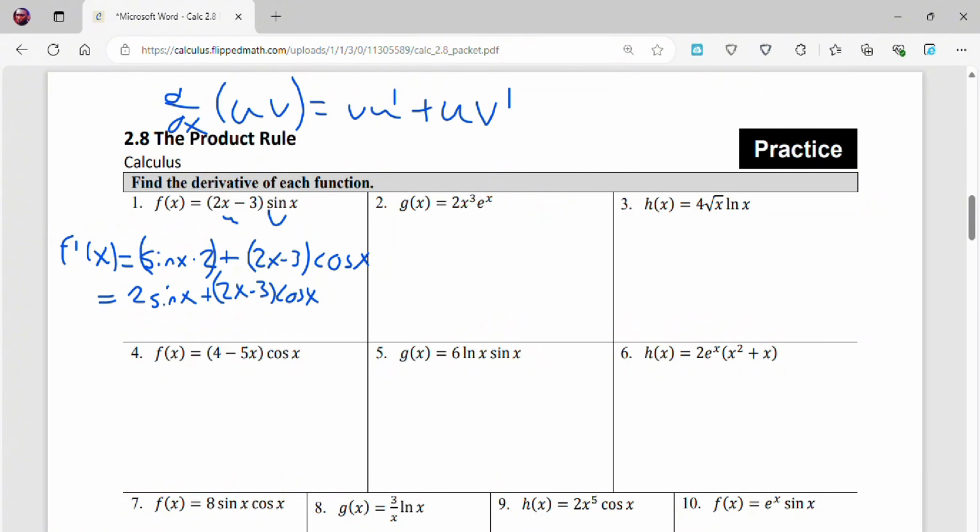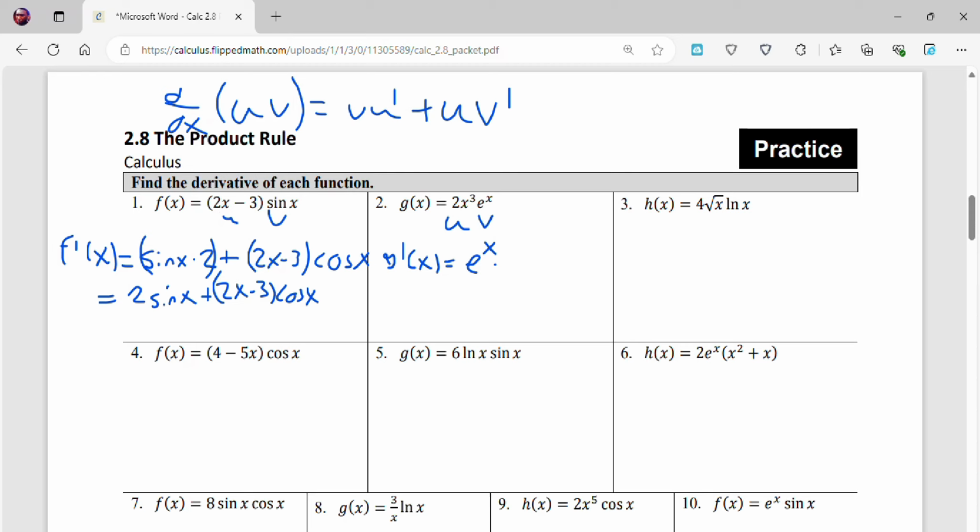So e to the x is going to be our v. 2x cubed is going to be our u. So our formula, right? This time we have g. So g prime of x equals v, e to the x, times u prime.